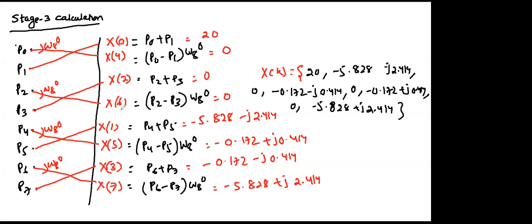Clear? So this is your 8-point DIF radix 2 algorithm. Now after that, what to do? If the exam is offline, then you have to combine all the 3 stages that I did before, and you have to draw the butterfly diagram. Now the same you can do for the 4-point also. If N equals 4, it's very simple. N equals 4 means number of stages equals log to base 2 of 4, which is simply 2 stages.